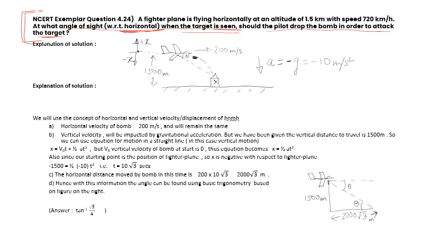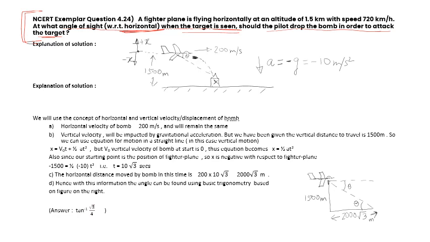So let's assume that angle is theta, and as I've written here, this angle is theta. And this is the bomb which the pilot will drop. Once he sees the target at an angle theta, he drops the bomb and it should hit the target. That is the aim.